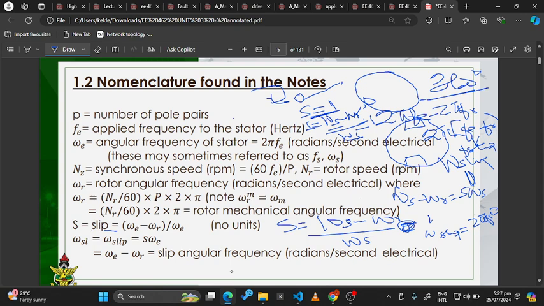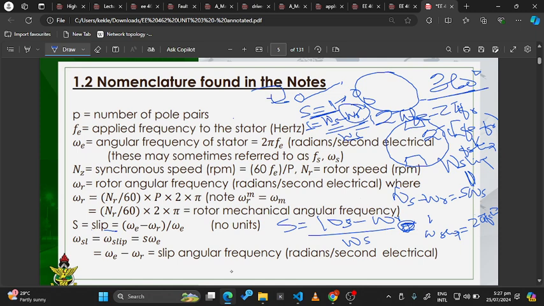So as the rotor accelerates, you see that the omega r value over here will start increasing. And if that starts increasing, this value will start reducing from 1 towards 0. So as the motor is accelerating, the slip will start reducing.